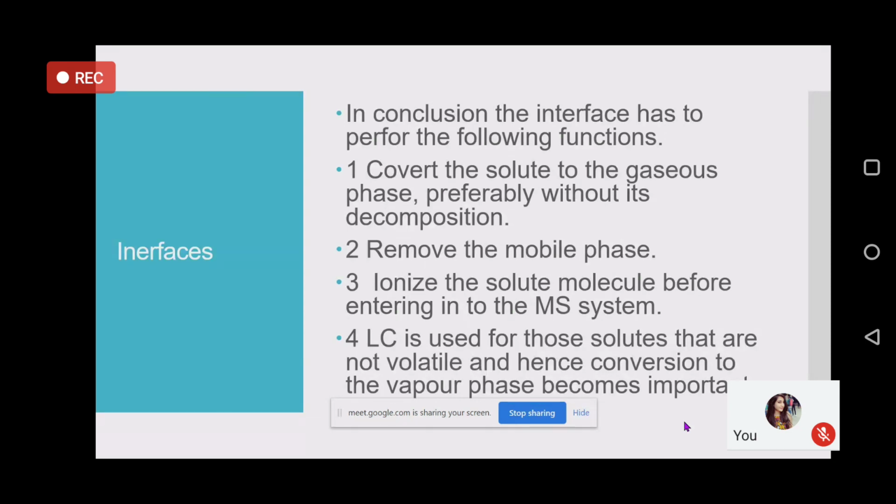So basically, when a hyphenated system like LC-MS is to be used, because normal LC is very capable. It's a versatile technique. It can take care of very low concentrations of the solute particles, correct? And it can bring about the separation, qualitative separation, and quantitative determination also becomes possible.